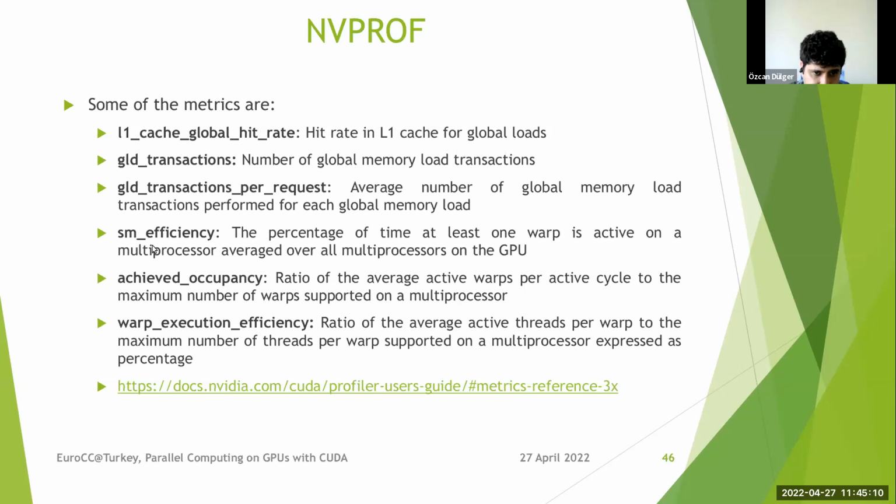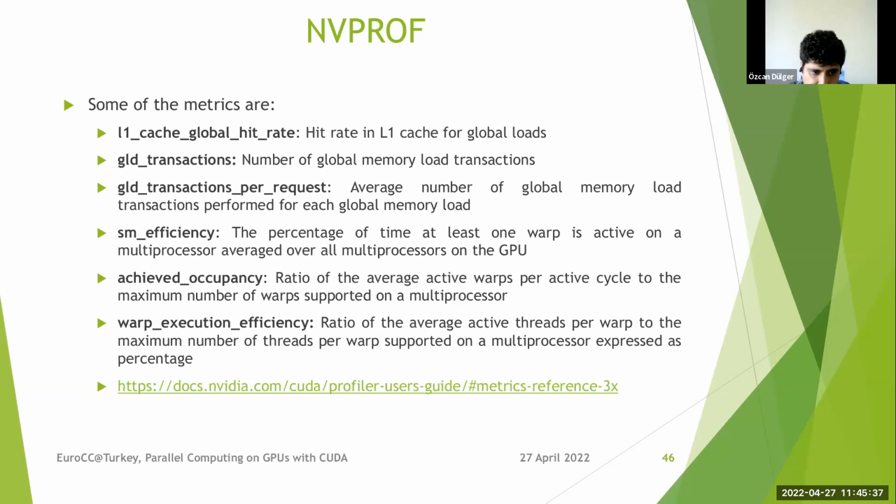SM efficiency is the percentage of time at least one warp is active on a multiprocessor, averaged over all multiprocessors on the GPU. Achieved occupancy is the ratio of the average active warps per active cycle to the maximum number of warps supported on a multiprocessor.